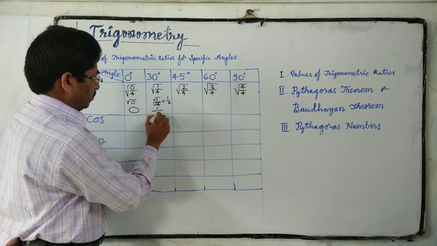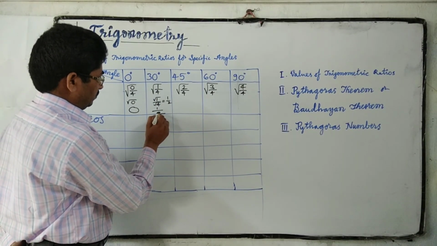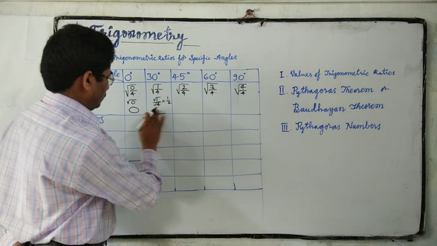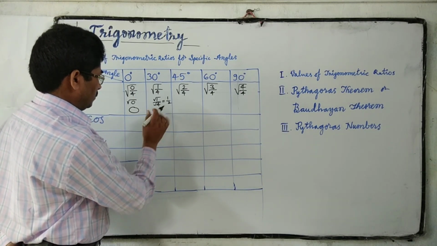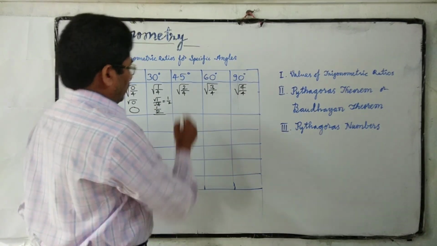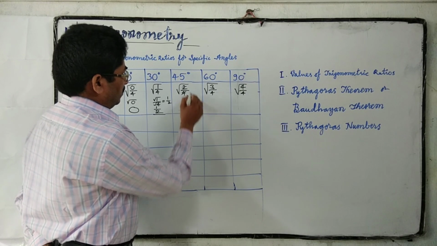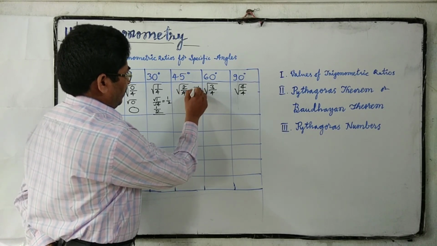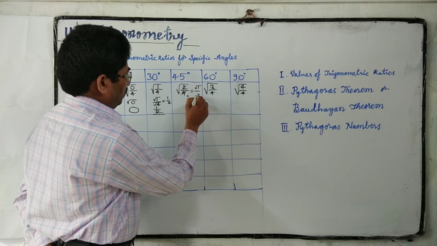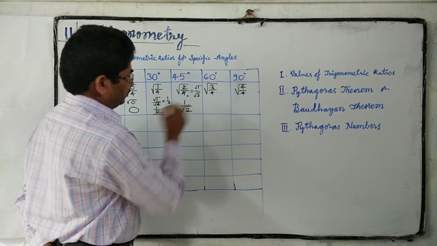Root 2 by root 4, that is equal to 1 by root 2.